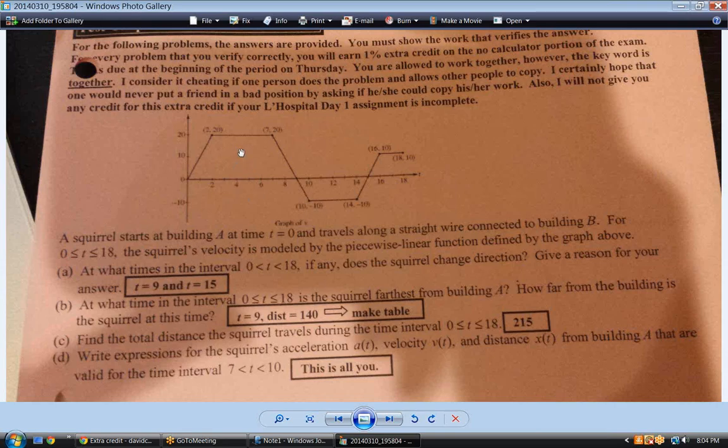In other words, if I knew what this function was, had she given it to us, then I would merely integrate it from 0 to 9. But that's the same thing as finding the area under that curve. We don't need calculus for that because they've made this a geometric shape. We don't have any curved lines. You only need calculus when you're dealing with curved lines, basically. Otherwise, you can use geometry.